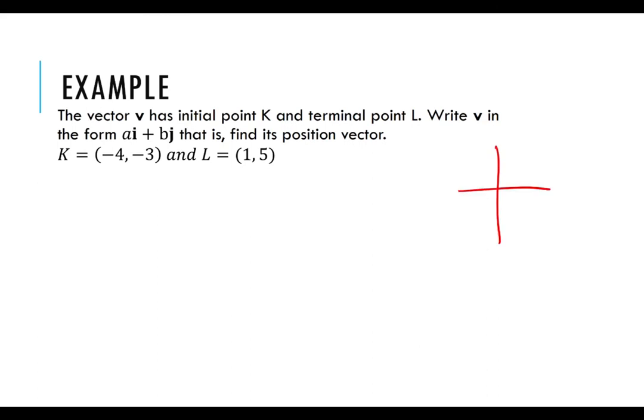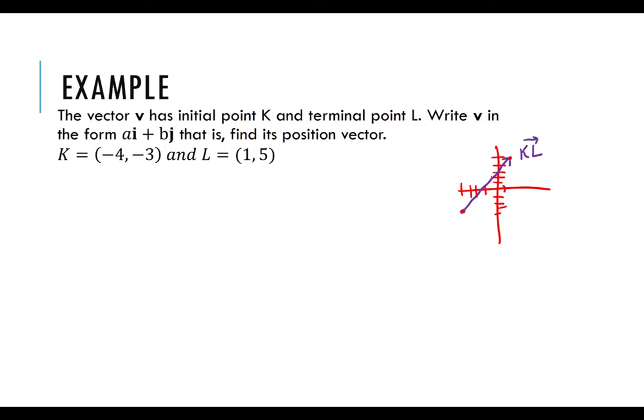If I sketch this, (-4, -3) is right here, and then (1, 5). Just trying to get us an image to keep us in line. Then this vector, KL, looks like this.